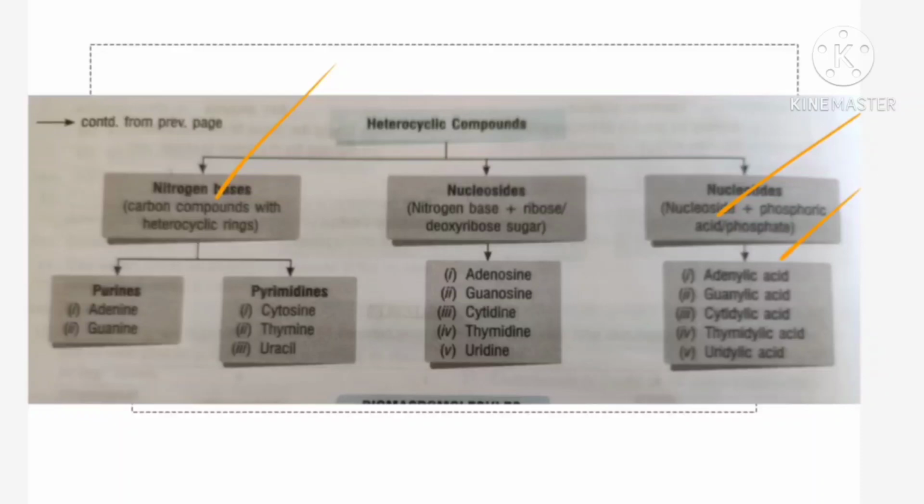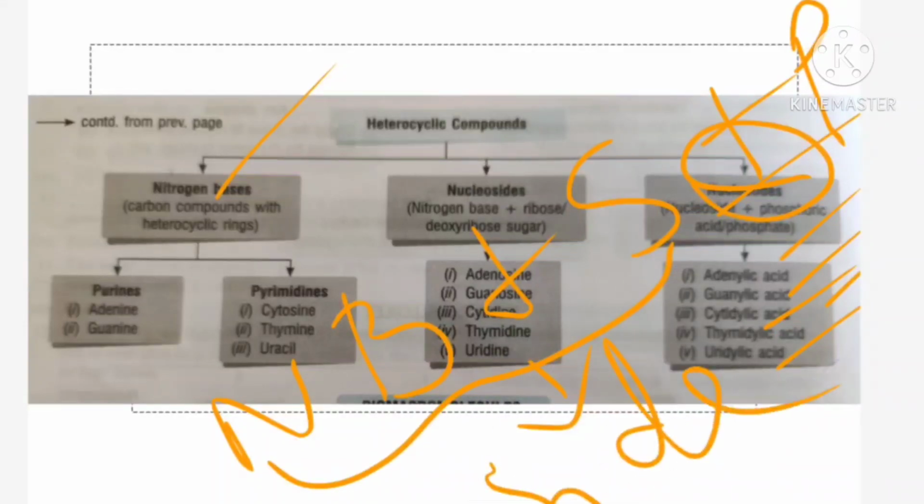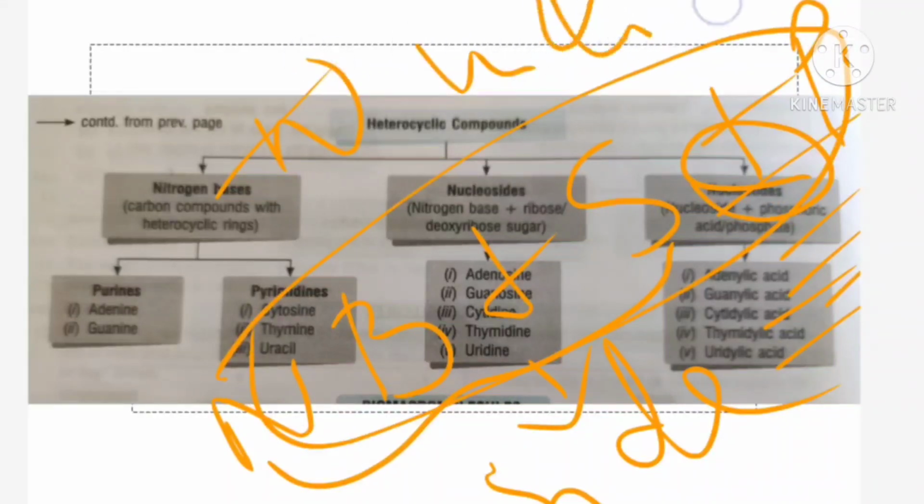Okay, guanylic acid, cytidylic acid, thymidylic acid and uridylic acid. So, these are all nucleotides. How is nucleotide formed? Nitrogenous bases plus sugar plus phosphorus. Only nitrogenous bases and sugar is what? It is nucleoside. When all are present, we call them as nucleotides.